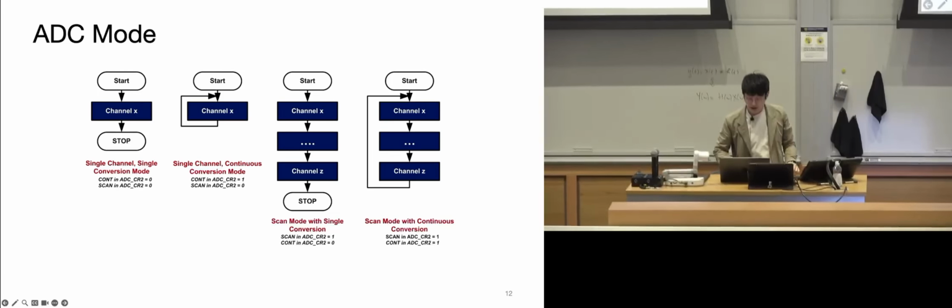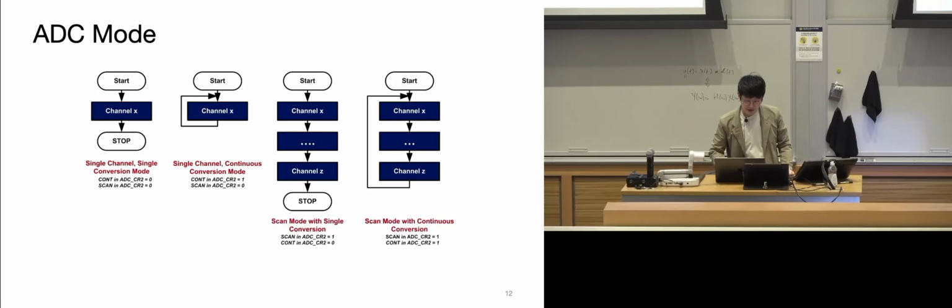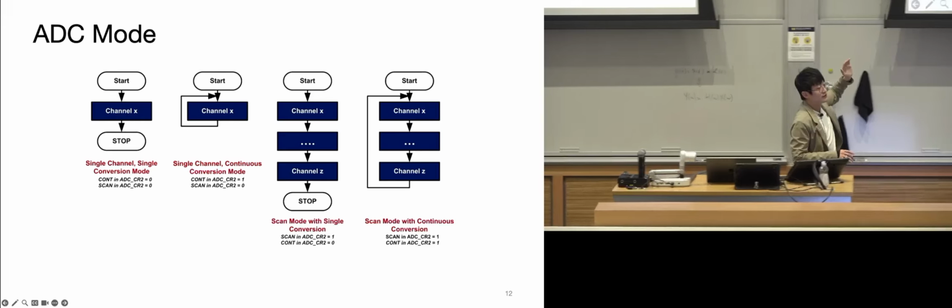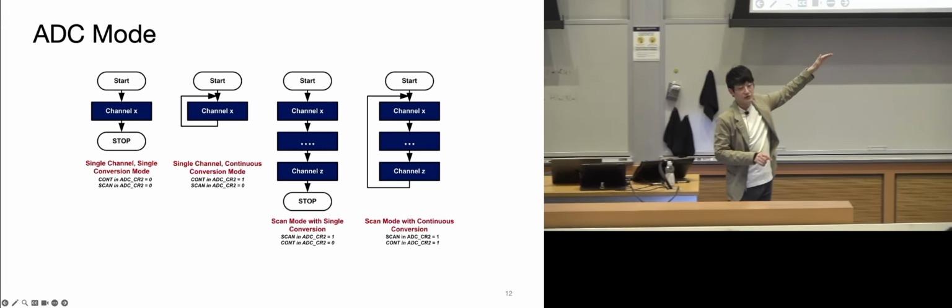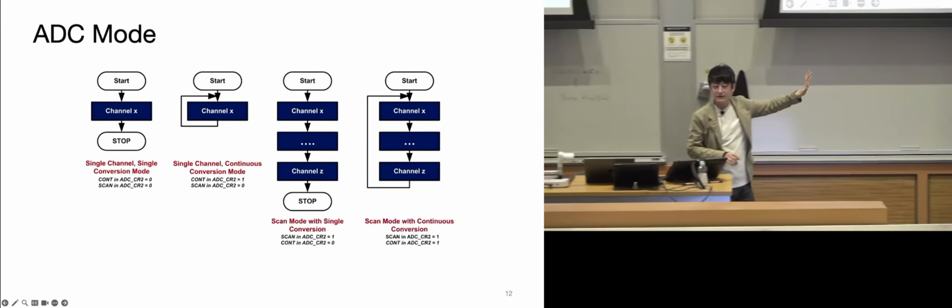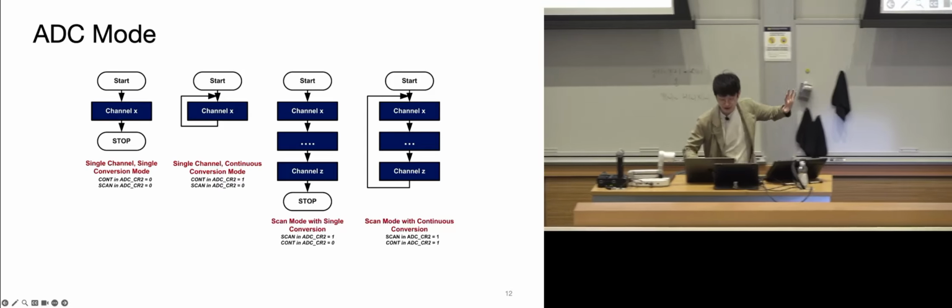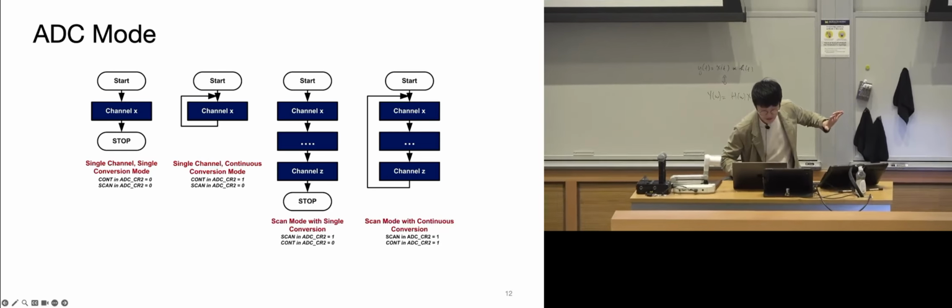On top of this, you can also see that there are single channels. The two modes can be done with only one channel of the ADC, or with multiple channels. Remember, you have more than one ADC channel on your device, right?